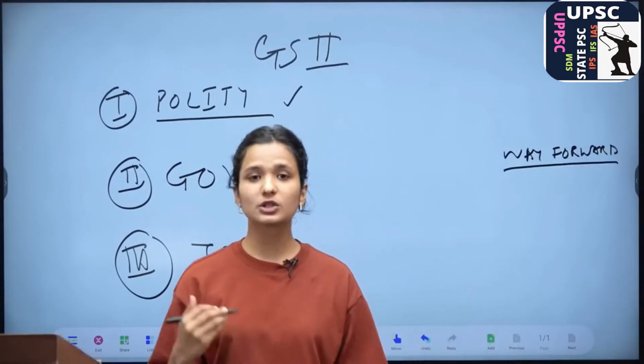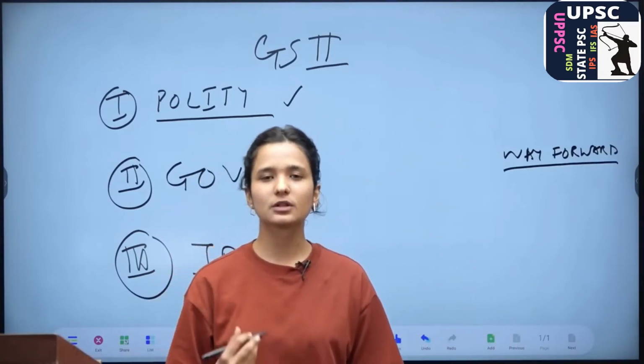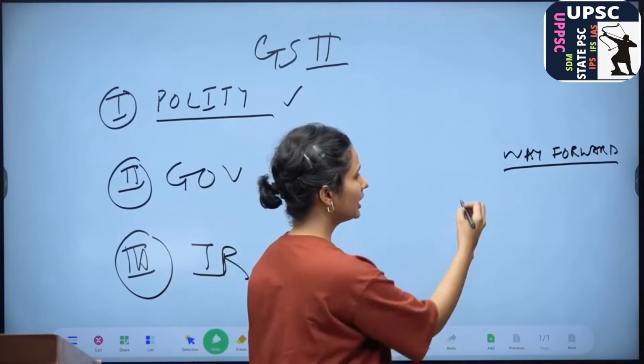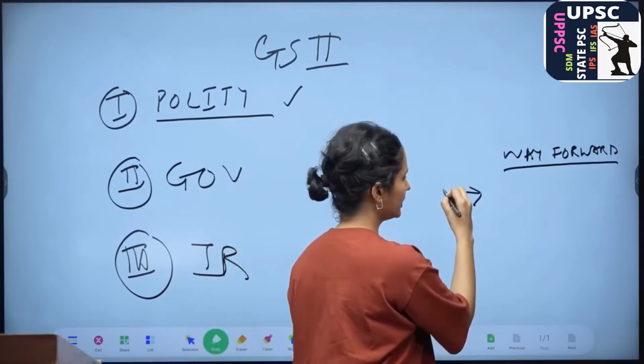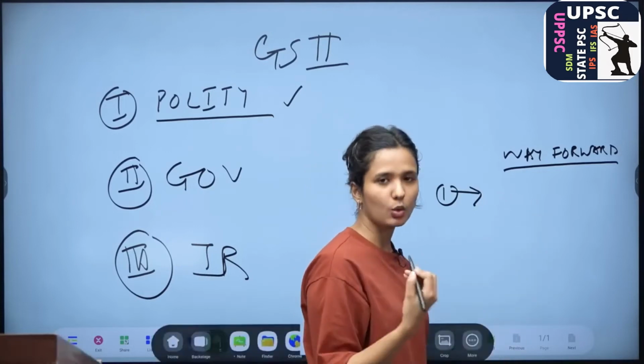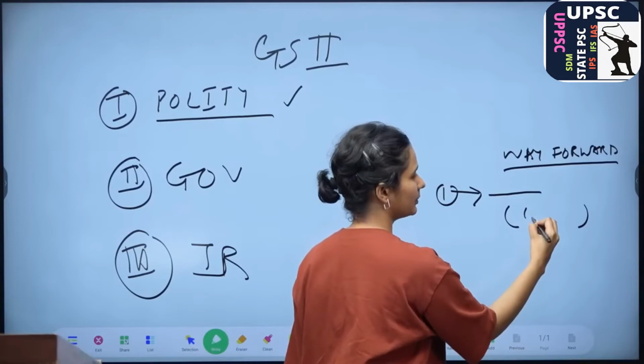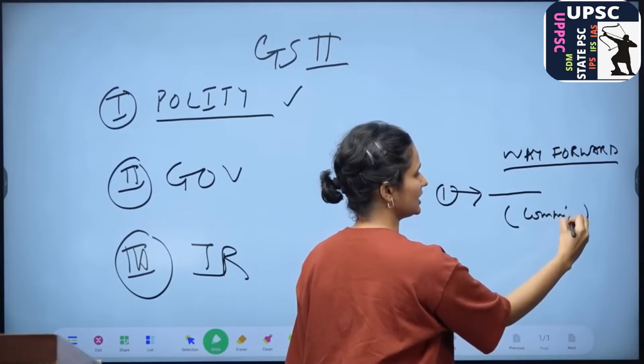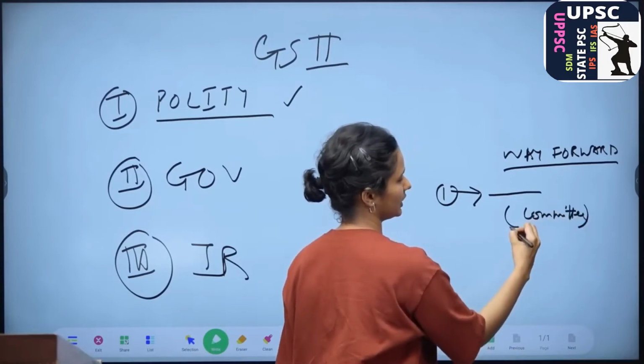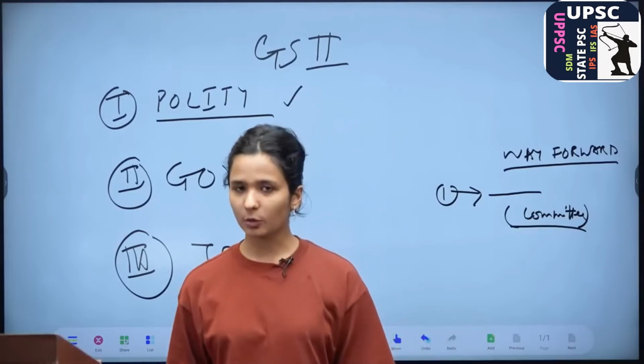So even if it's not asked, make sure that you have certain solutions. In this way forward you can write your own opinions or suggestions, but it's always better if you write something which is backed by a committee or some government report. So try to use committees in your way forward.